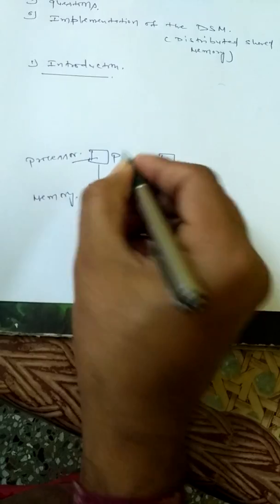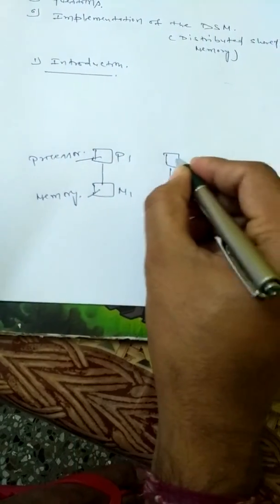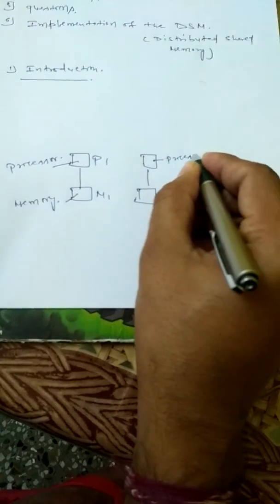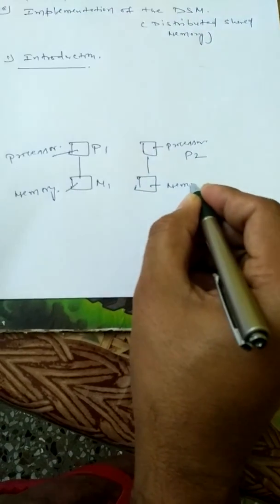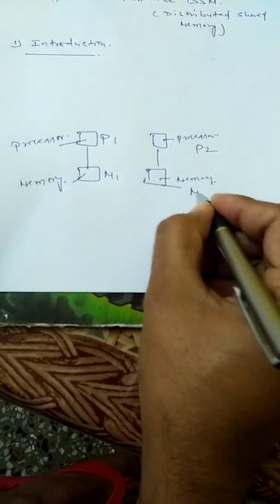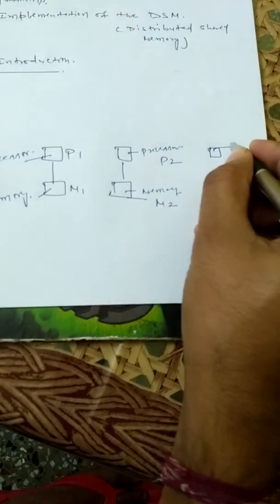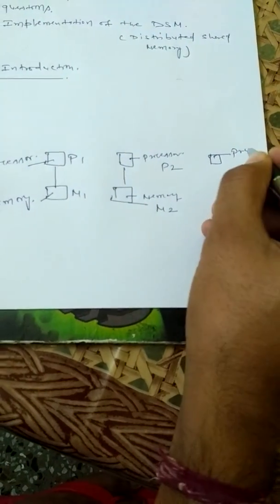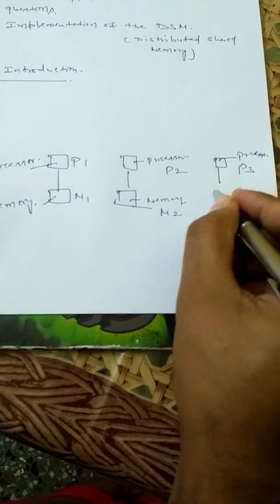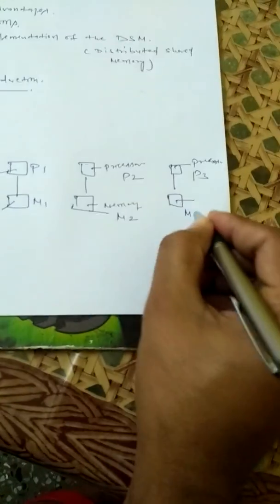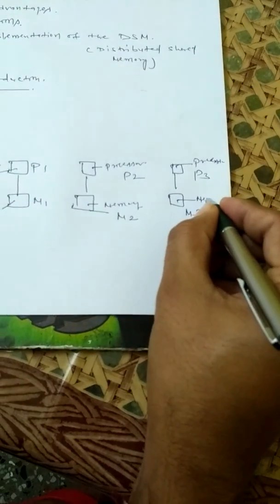Means it is P1 M1. It is another processor P2. It is the memory of another computer, means M2. It is another processor P3 and memory M3.